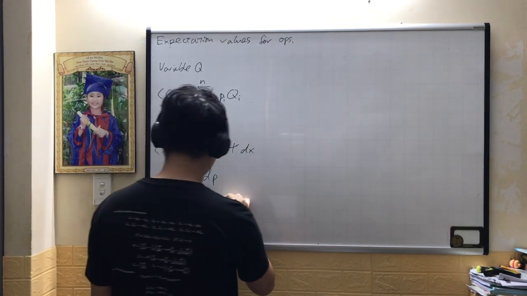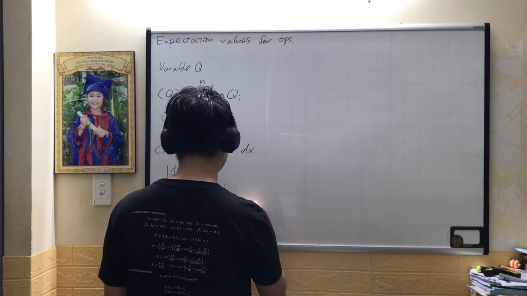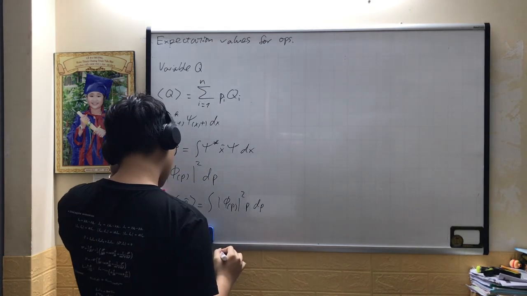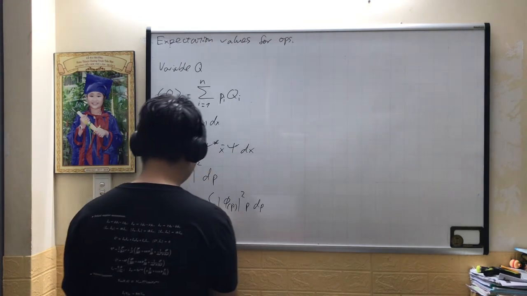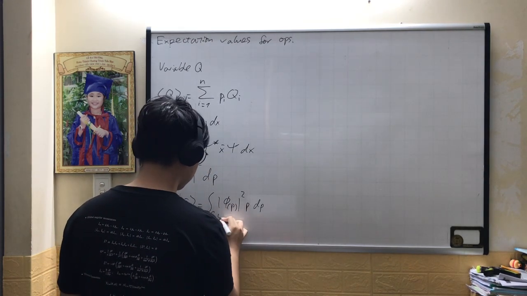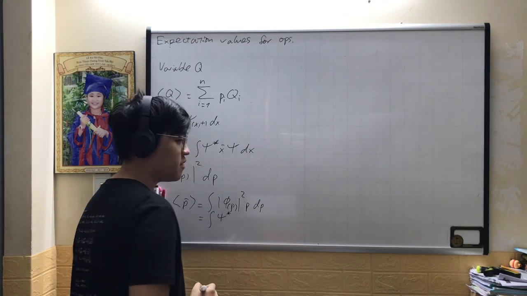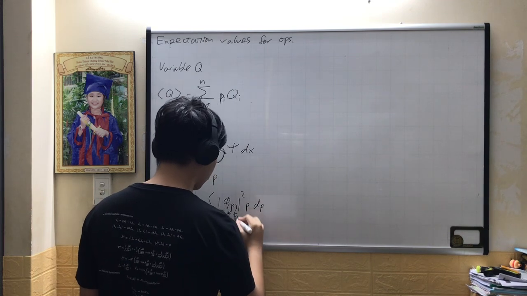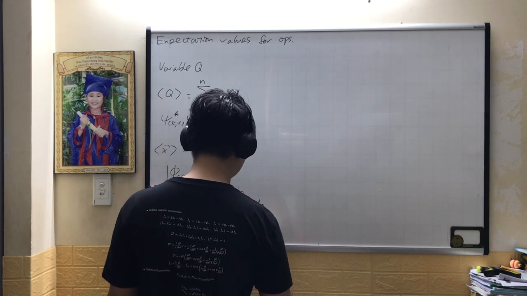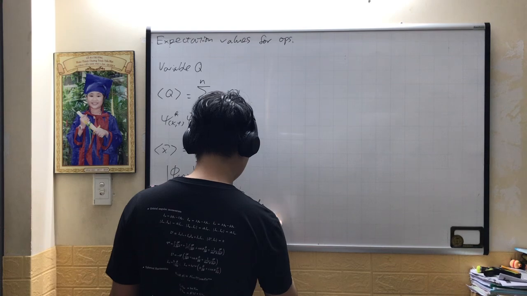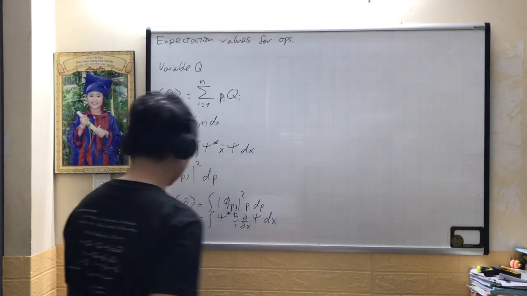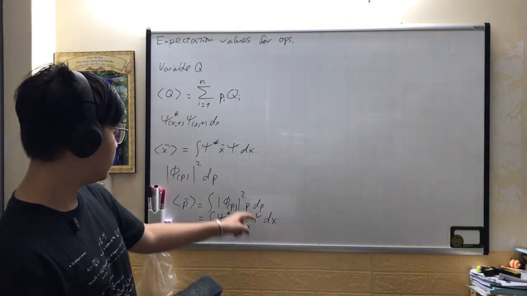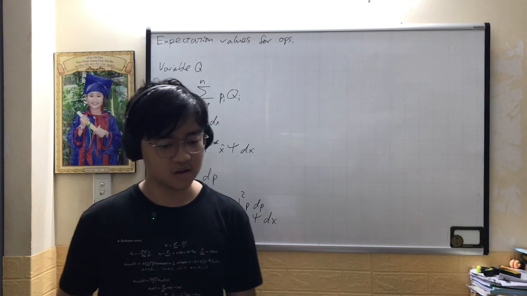The p operator, as we said before, is equal to h bar over i, the partial derivative. There we go. This is the expectation value of the p operator in p space and x space, respectively.